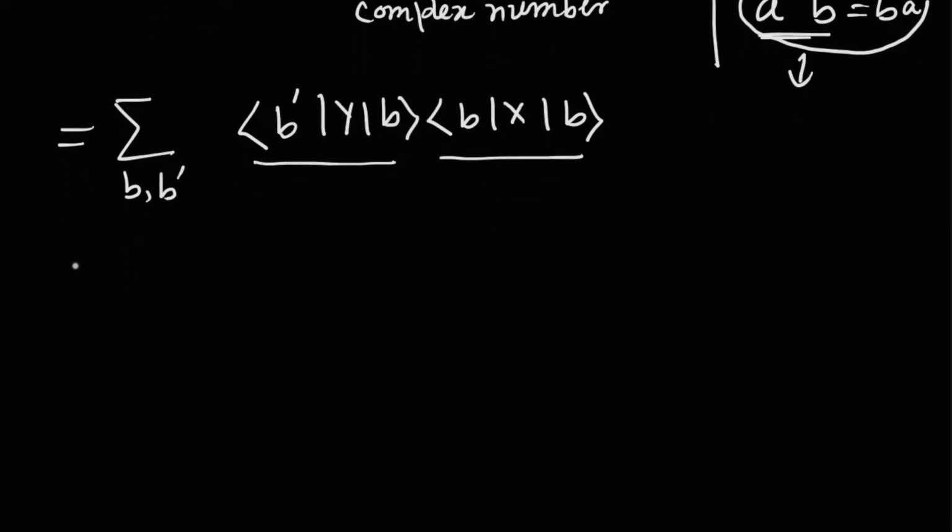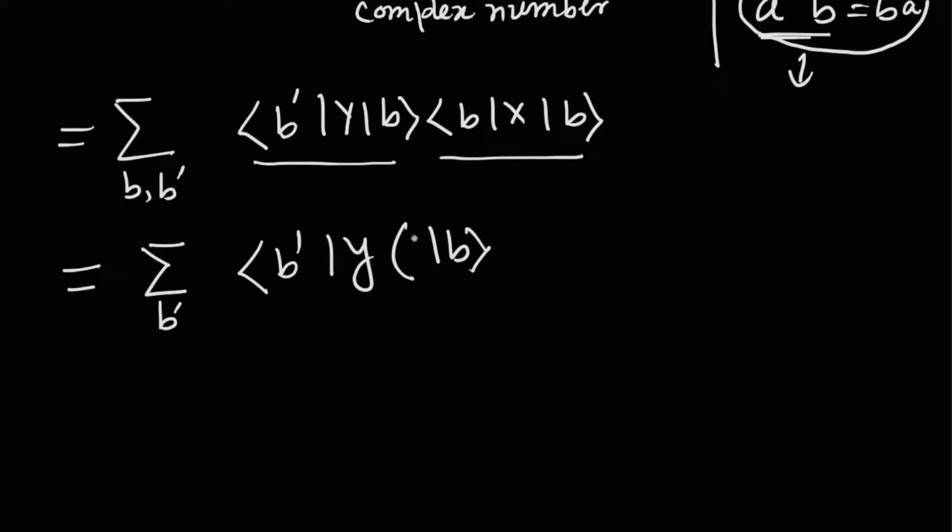So now again use the completeness relation. Now this means <b'|Y, the summation of |b><b|, X|b'>.